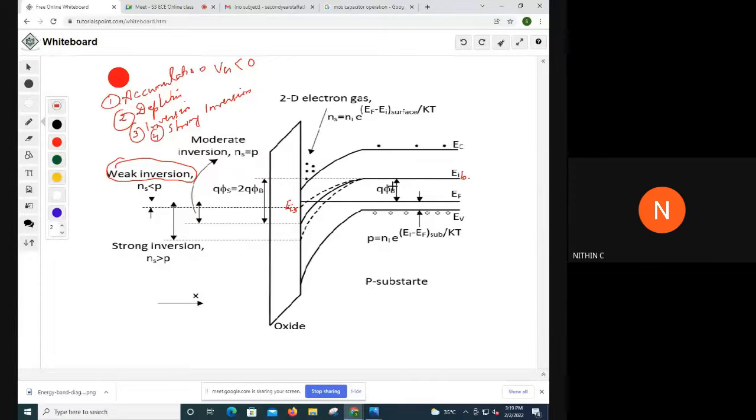When this height and this height are equal, it will be strong inversion. നിങ്ങൾ representations ശ്രദ്ധിക്കേണ്ട, this is q phi f, Fermi potential, and the difference between the two lines EiB and EiS will be q phi s. When phi s becomes 2 phi f, it will be strong inversion.